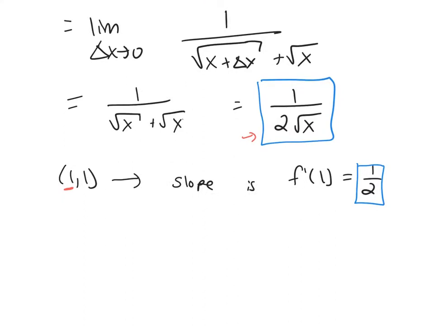And then the other point was the point (4, 2). And then the slope is f prime of 4. Again, my x coordinate here was 4. Plug that into our derivative formula and you'll get 1/4.